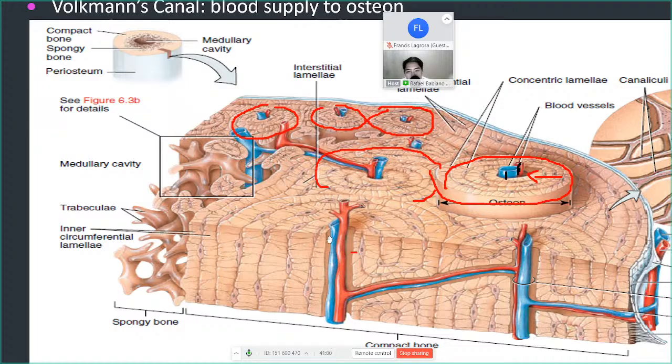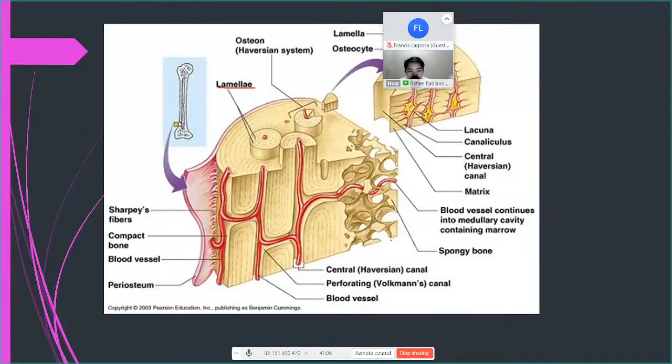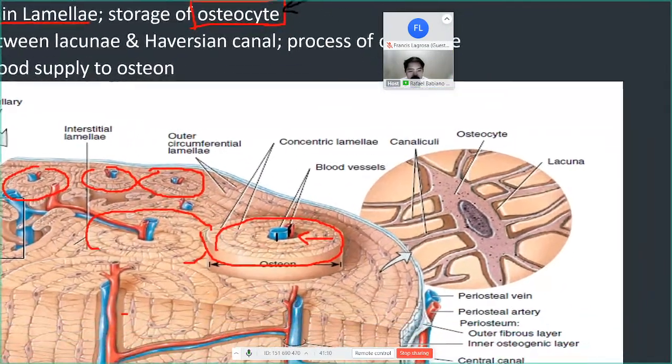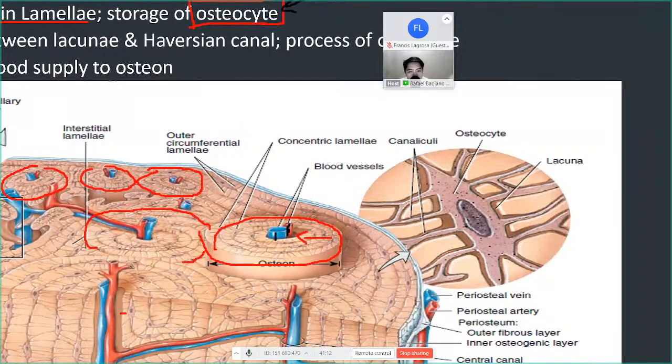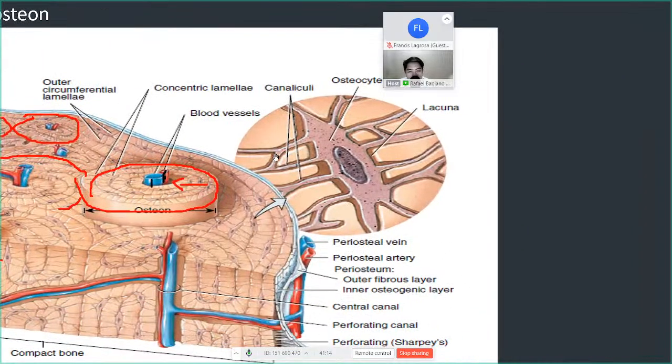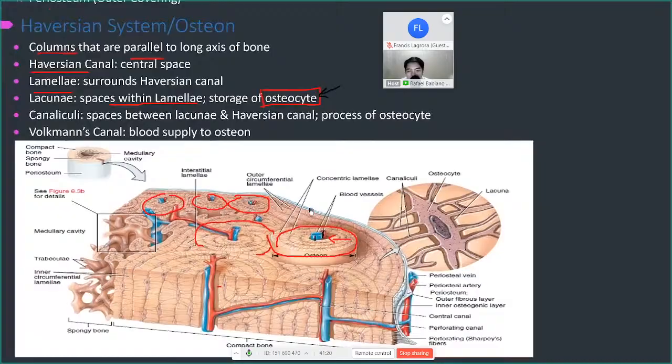So they will get their blood supply through their canaliculi. Very important. If you zoom in on the canaliculi right here, there is an osteocyte here. See, they run perpendicularly.